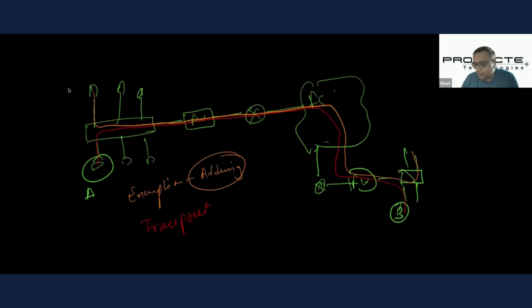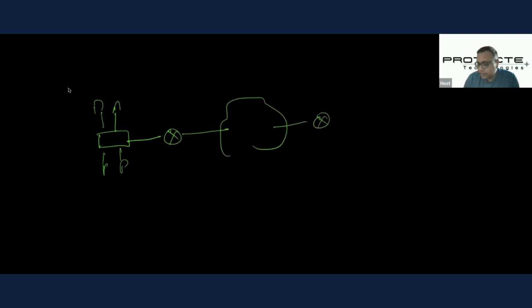Then you have something called the tunnel mode. In the tunnel mode, what happens is you have an internal network connected to your router or a firewall, and then to your ISP, other side also. Now, if your router is IPSec enabled, a secure tunnel will be created between the distant end routers.